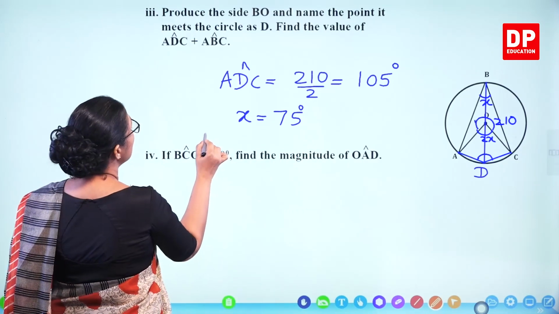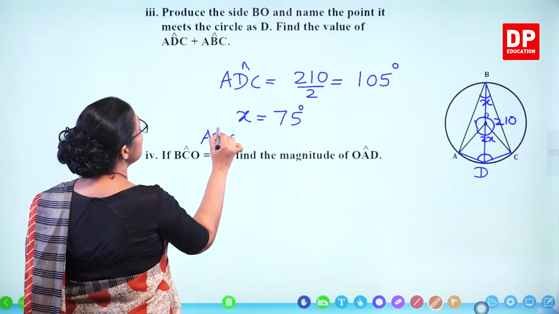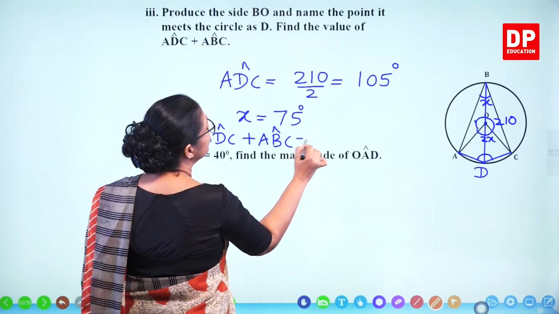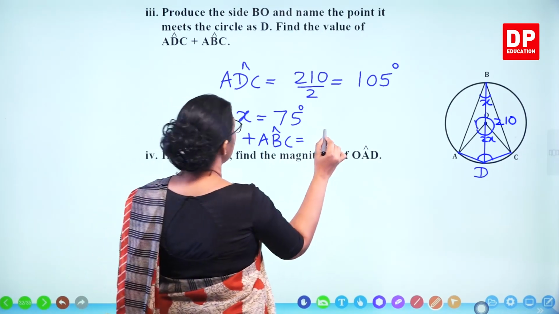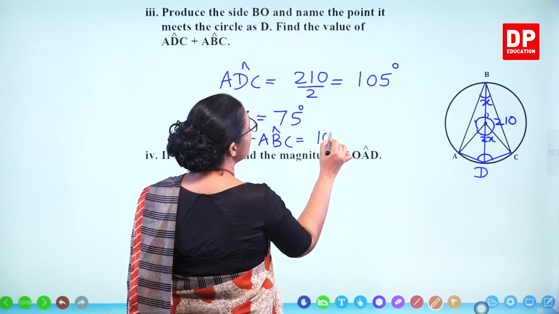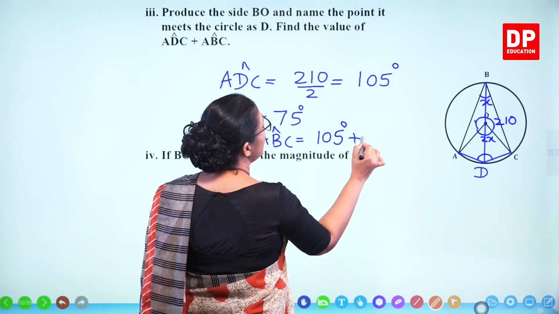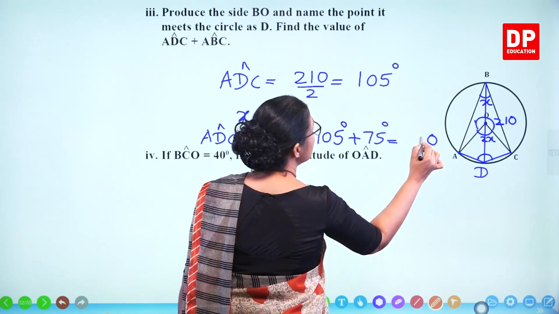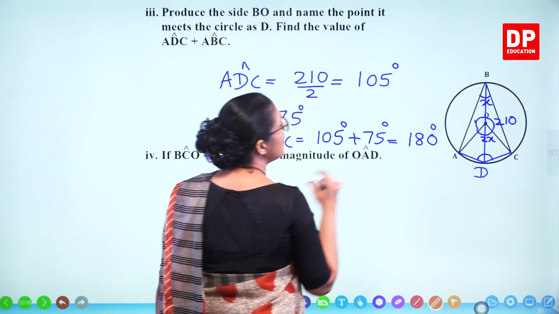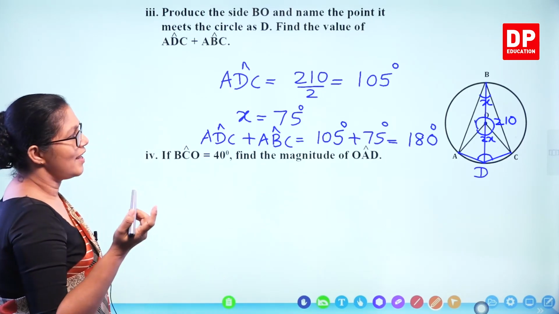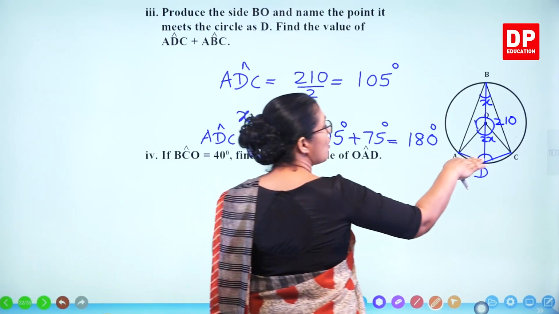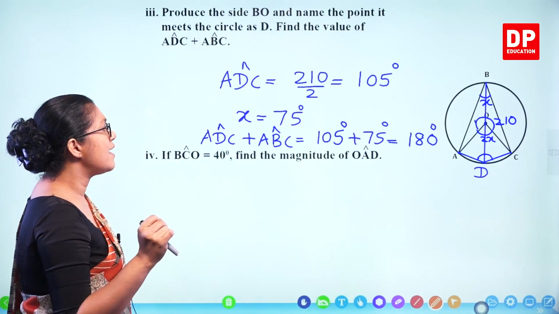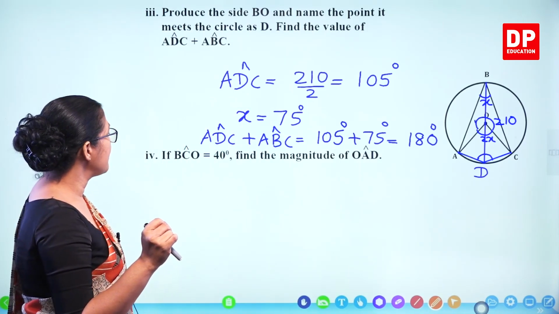So what's the value of ADC and ABC? ADC we found 105. X is 75. So 180. That's obvious because these two are opposite angles of a cyclic quadrilateral, equal to 180.